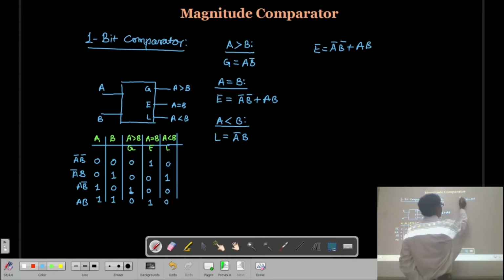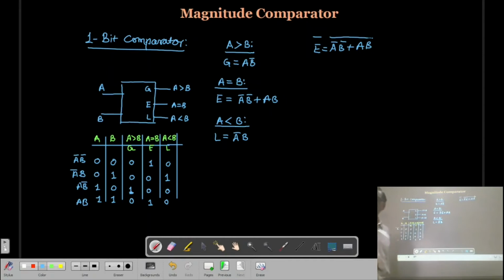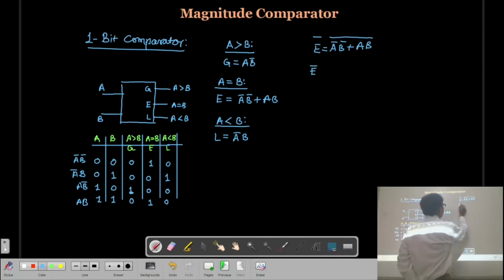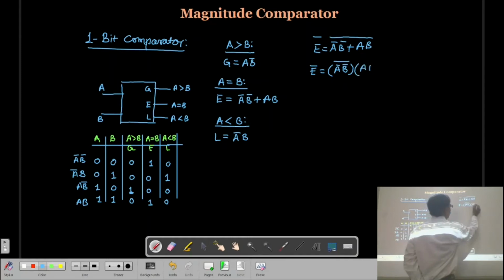Now I will take a complement on both sides. Then we can write that E bar is equal to, now you apply De Morgan's law, A bar B bar whole bar into AB whole bar.